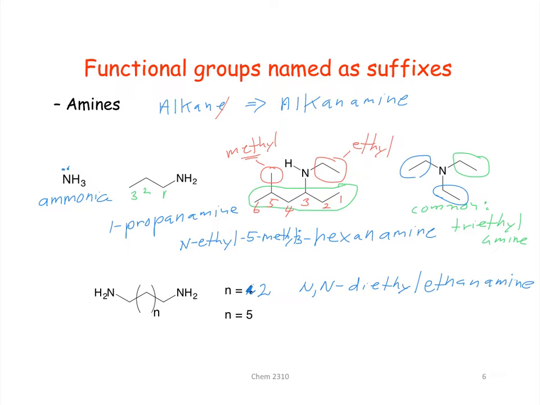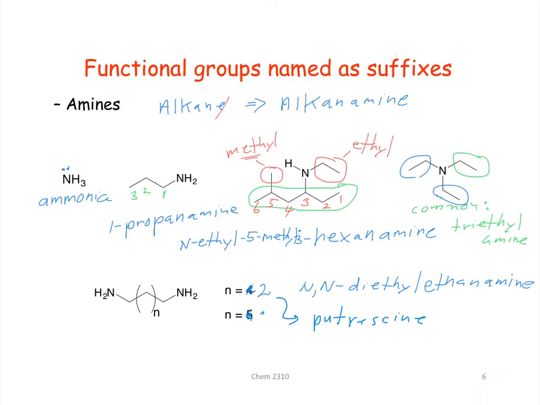So we have 4 carbons. Sorry, I'm getting distracted. And this molecule has a common name, and it is called putrescine. That sounds nice, huh? Tells you something about how it smells.